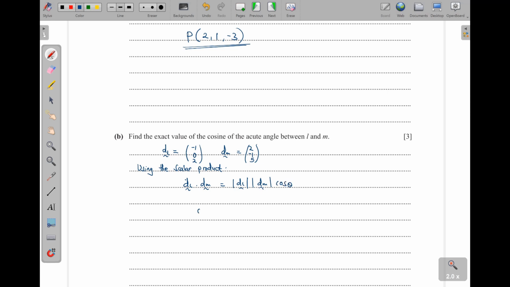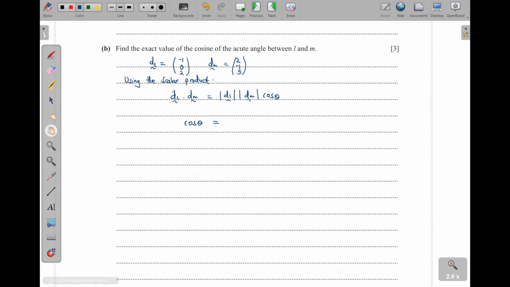So meaning cos theta is going to be equal to the dot product of these two, then we divide by their magnitudes. So like that.